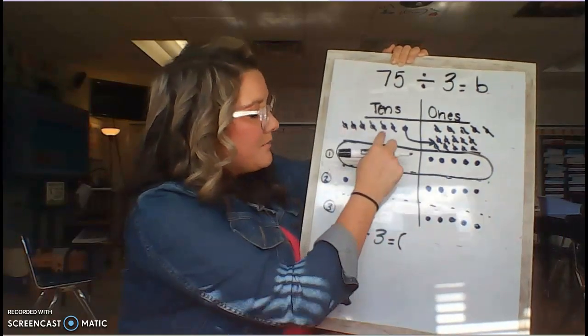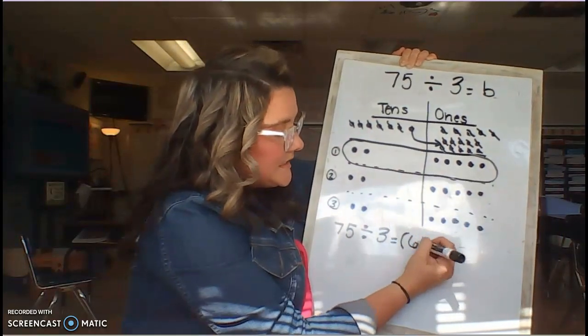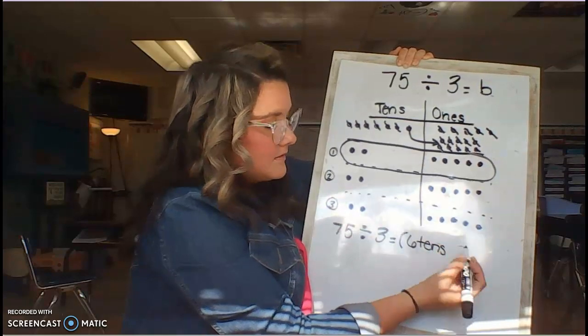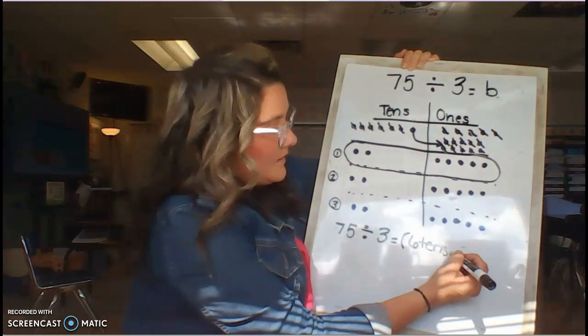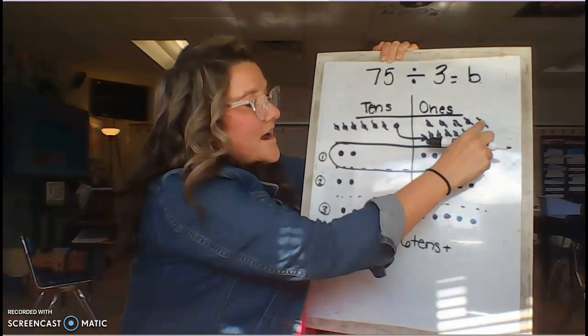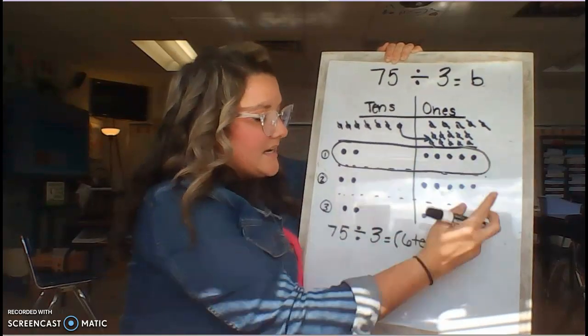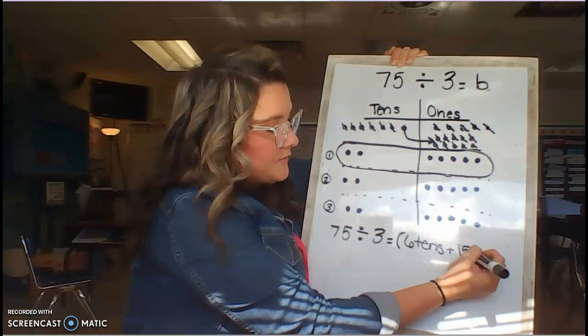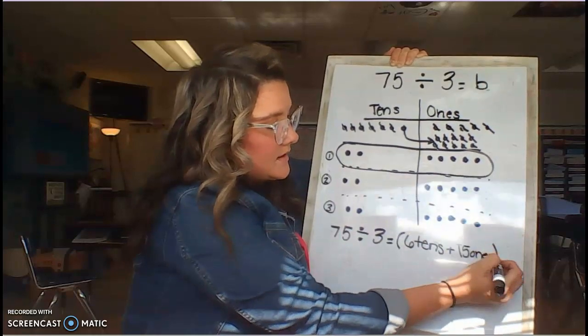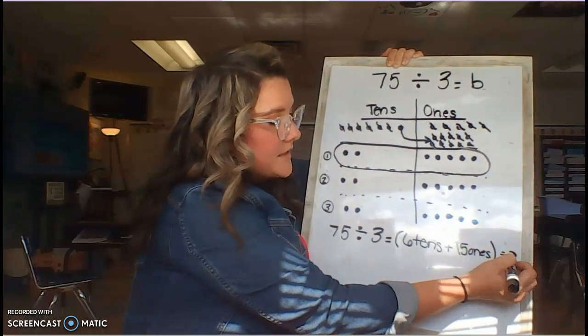I ended up distributing 6 tens and my 5 ones plus my 10 I unbundled, so 15 ones, and divided by 3.